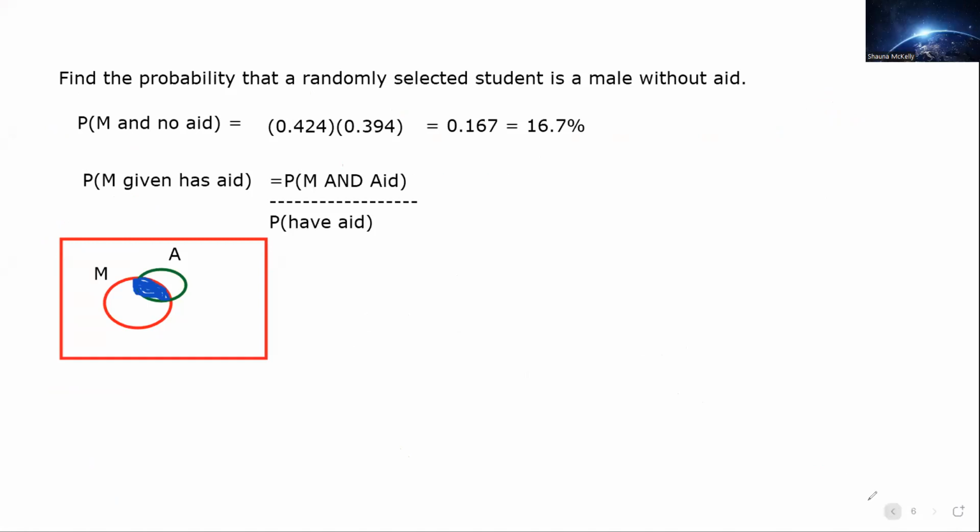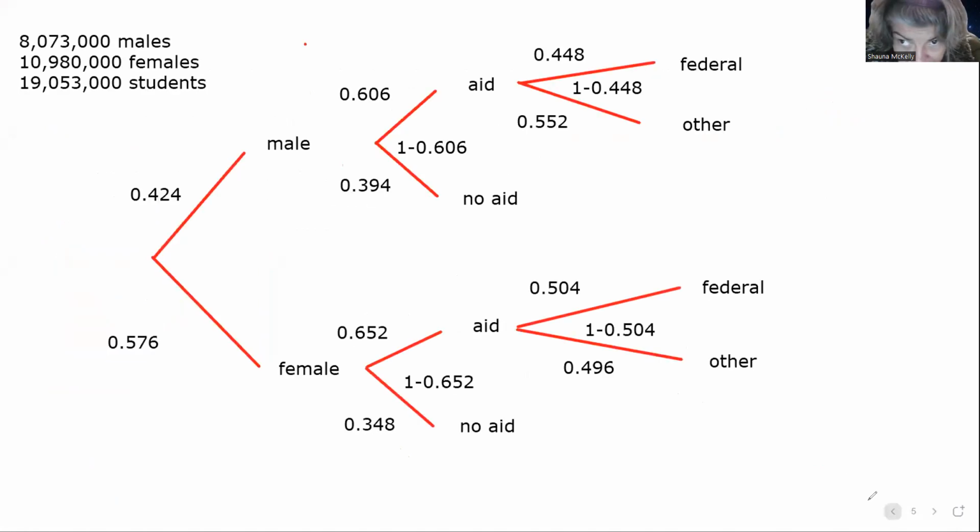If I go back a screen, male and aid is pretty easy. Here's the males, here's have aid. So the top is going to be these two numbers multiplied together: 0.424 and 0.606.